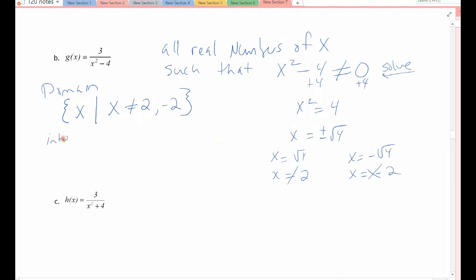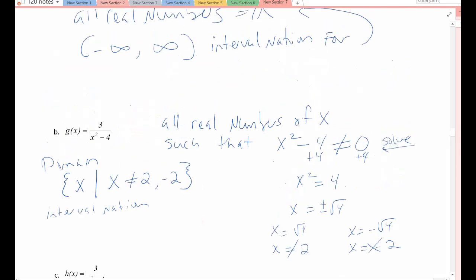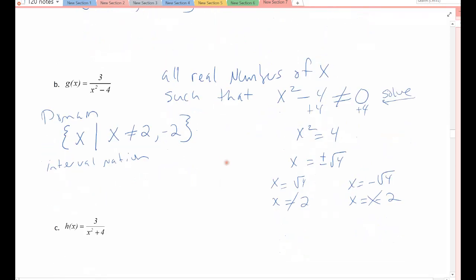The interval notation, again, remember, interval starts with negative infinity to infinity. So I'm going to go to infinity and go to negative infinity. But then I break where I don't exist. And so the first break would be at negative 2. So negative infinity to negative 2, it breaks, it doesn't exist. And we use union.